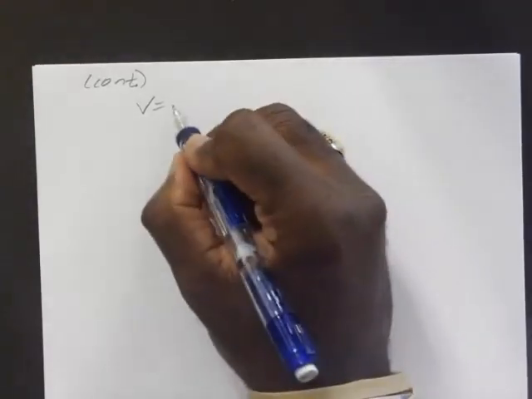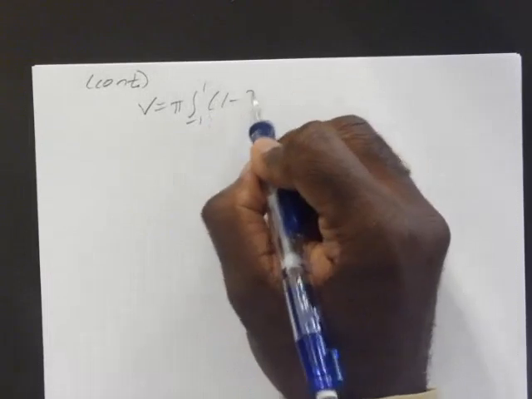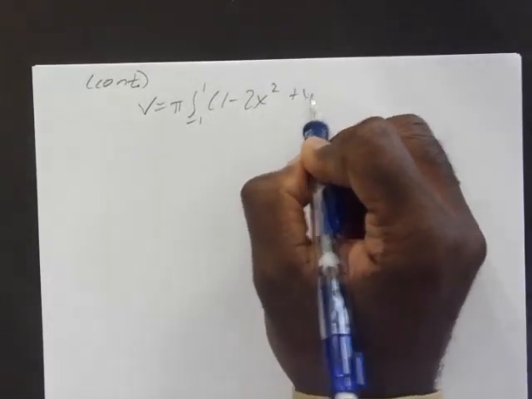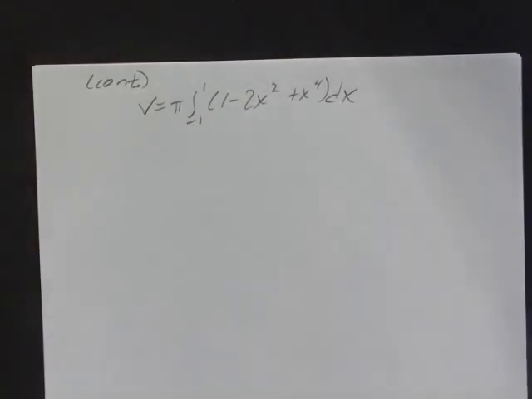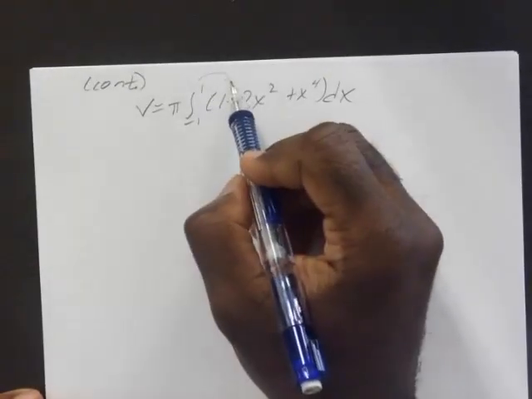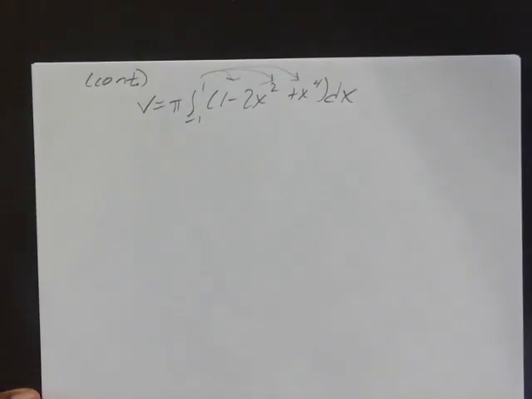Right where we left off, so we have pi times the integral from -1 to 1 of 1 minus 2x squared plus x to the fourth. Okay, so now we just go ahead and find the integral of each individual term.